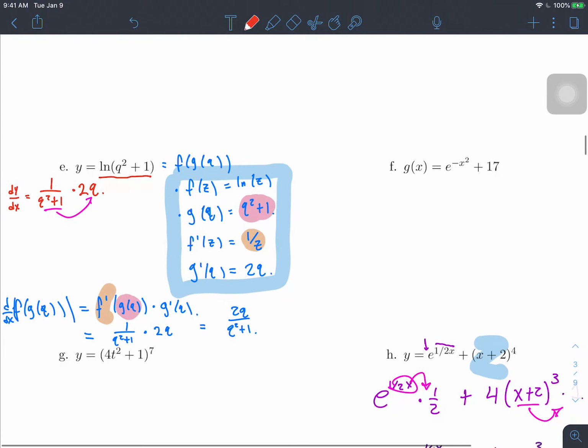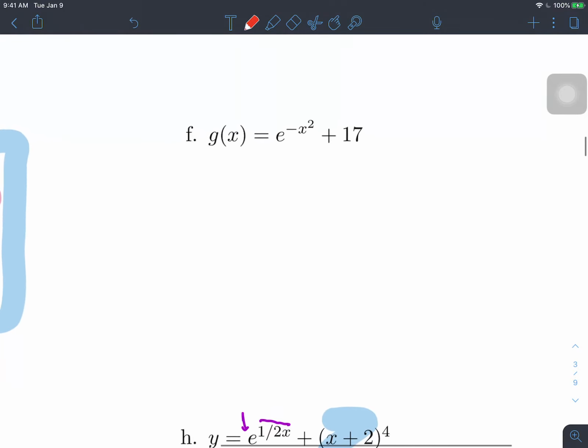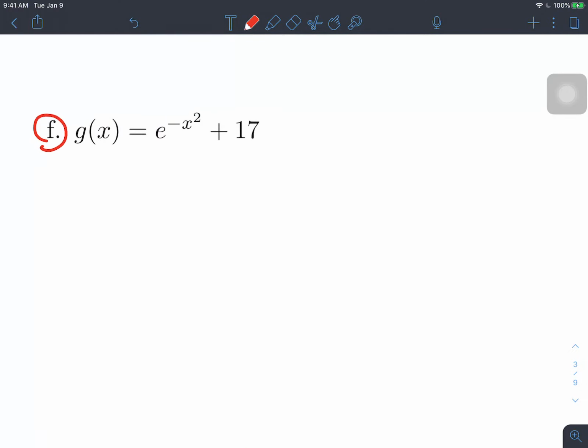Okay, so any questions about this warm-up problem here? Okay. Let's try f on our own, okay? So I'll give you guys a couple minutes to try and do f. We want to figure out what is the derivative of this thing.